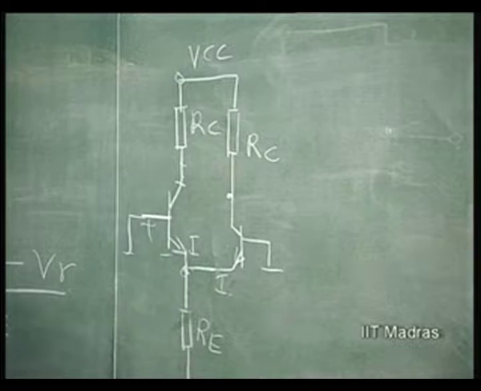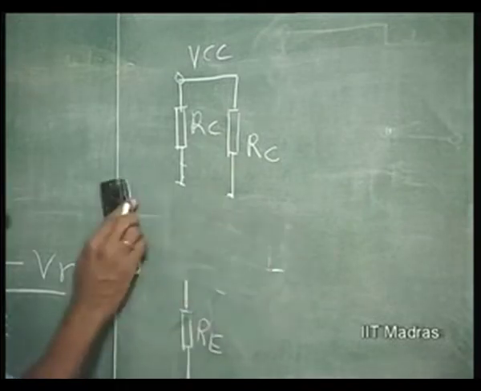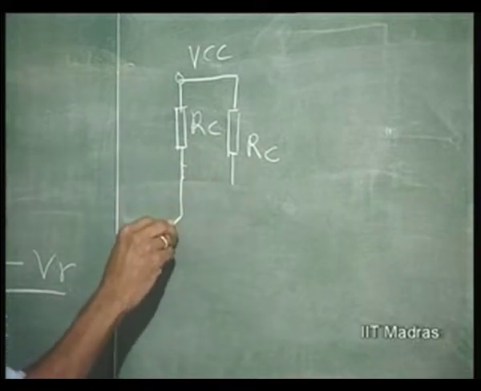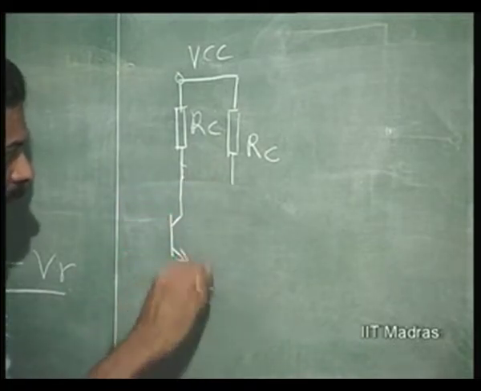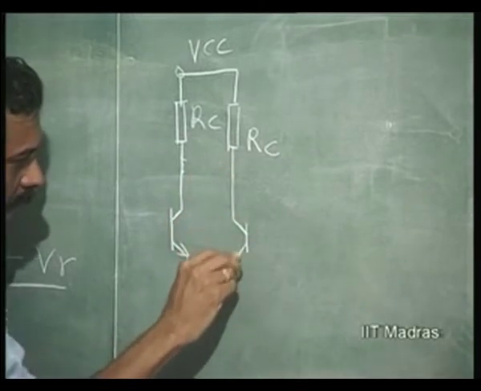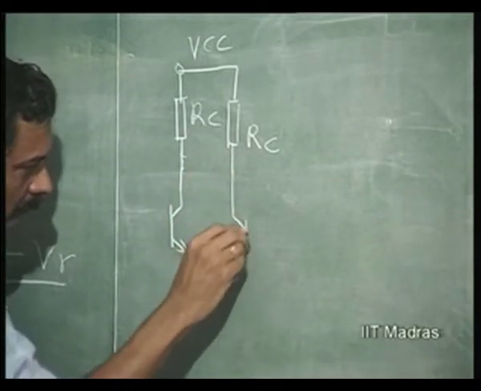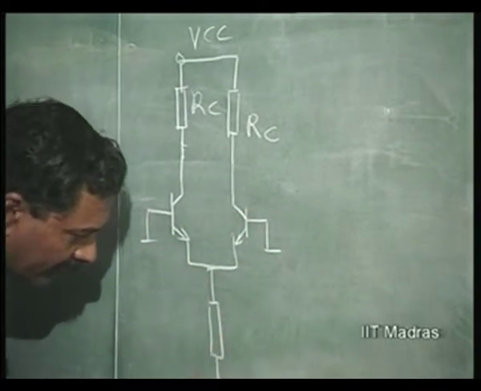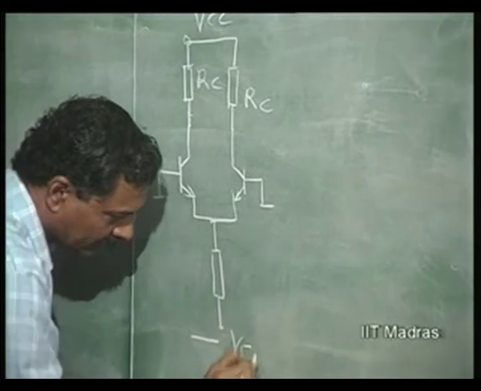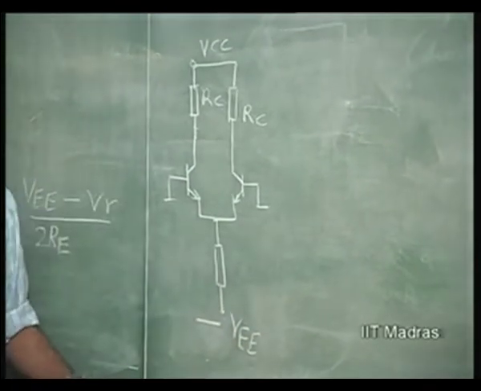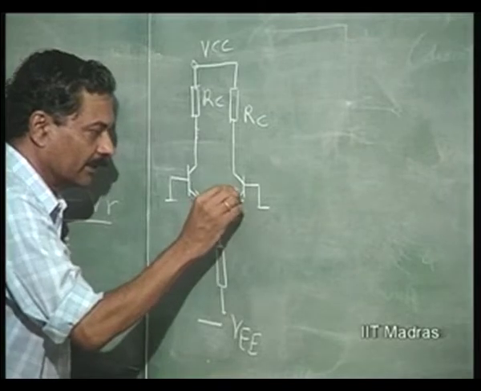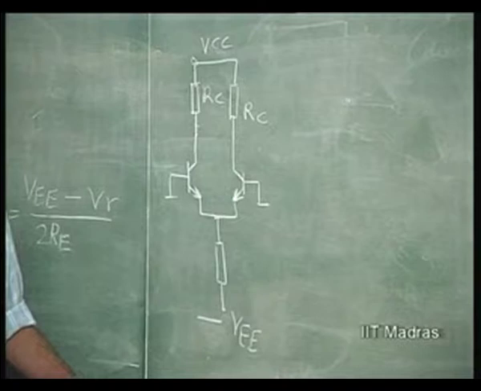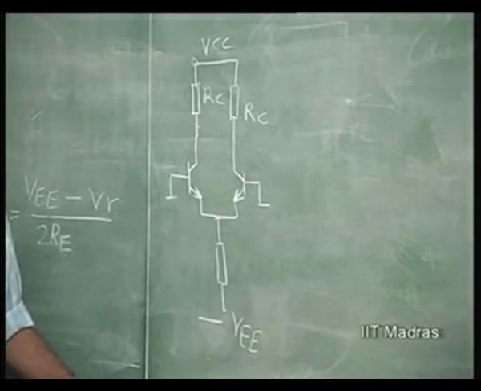So, you can redraw the circuit. This is an absolutely symmetric circuit. The two transistors are identical, and if the two collector resistors are the same, this is called the differential amplifier.